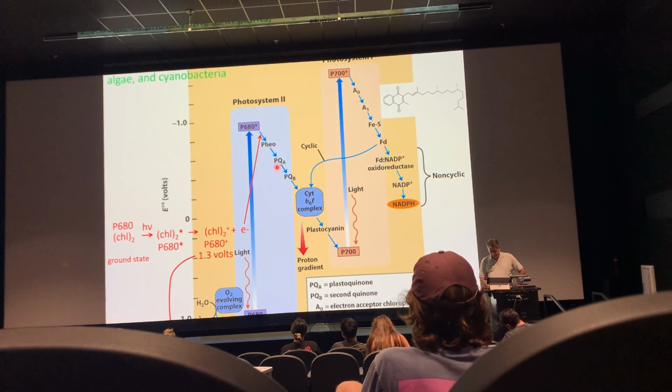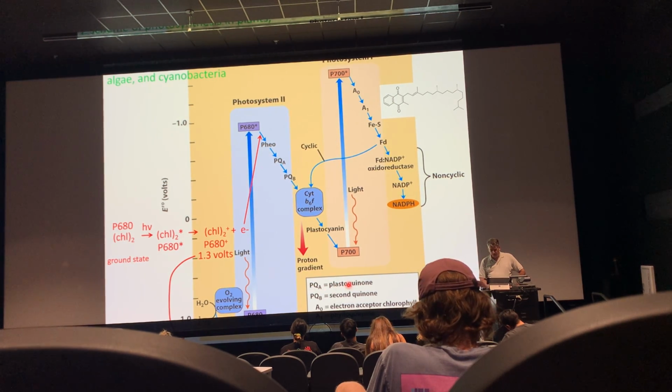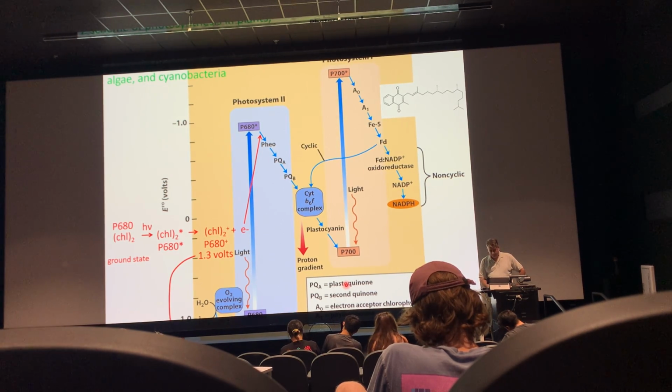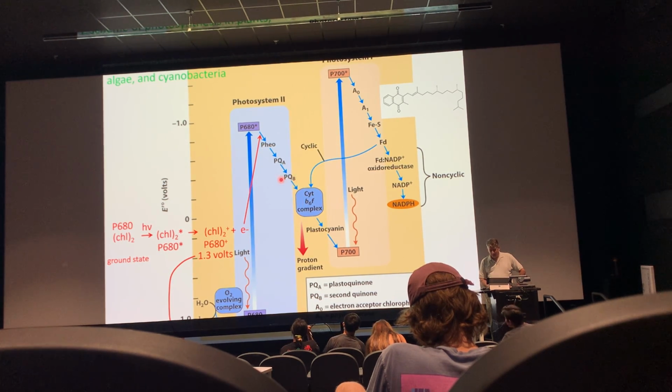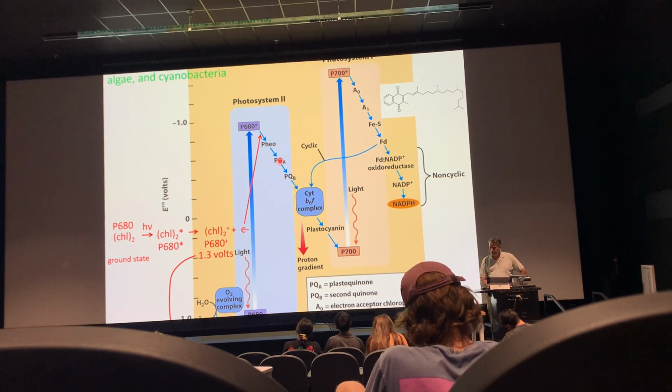PQA, as it says down here in this box, is plastoquinone A. The molecule looks very similar but not identical to coenzyme Q in the mitochondria. Its sister, plastoquinone B, is identical to plastoquinone A. The difference is plastoquinone A is held firmly by a protein. It does not move.